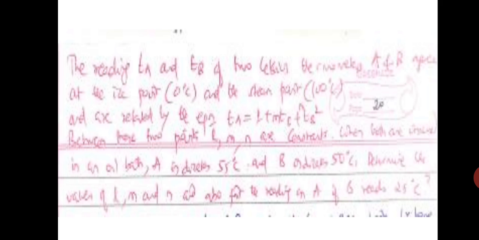Now, when both thermometers are inserted in an oil bath, A indicates 55 degrees and B indicates 50 degrees centigrade, so there is some difference. The question is asking you to find the values of l, m and n, and also the value of A if B reads 25 degrees centigrade.